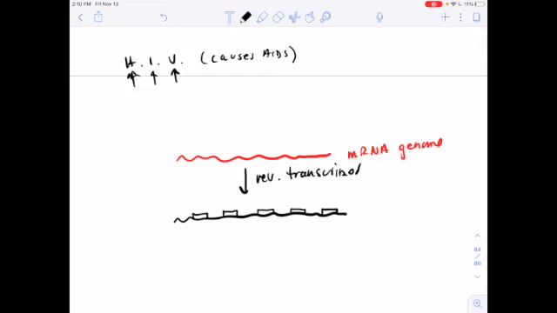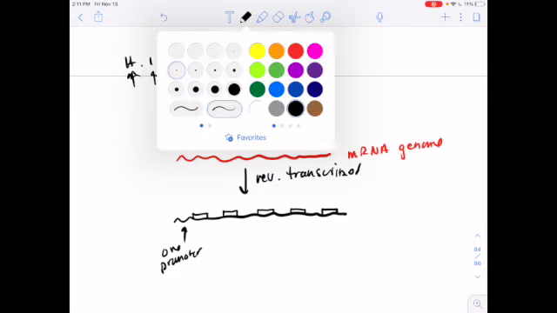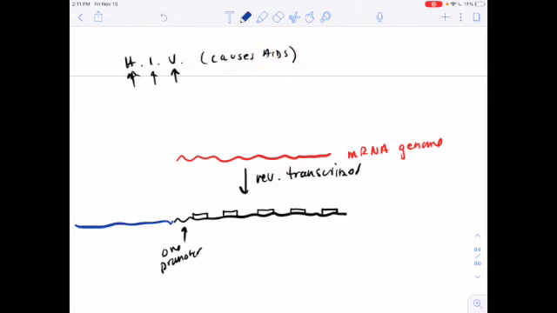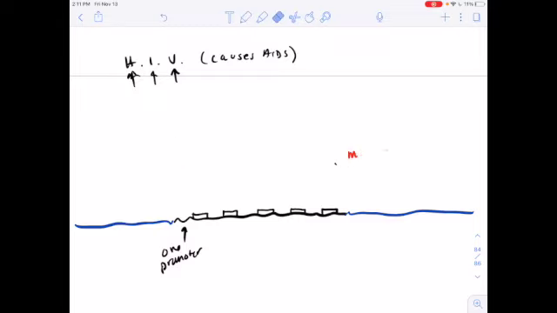And all of these genes are controlled by one promoter. So once it's inside the human genome, the blue would be human DNA. This thing, well, it's a provirus at this point, right? Let's put that word in there. Provirus.